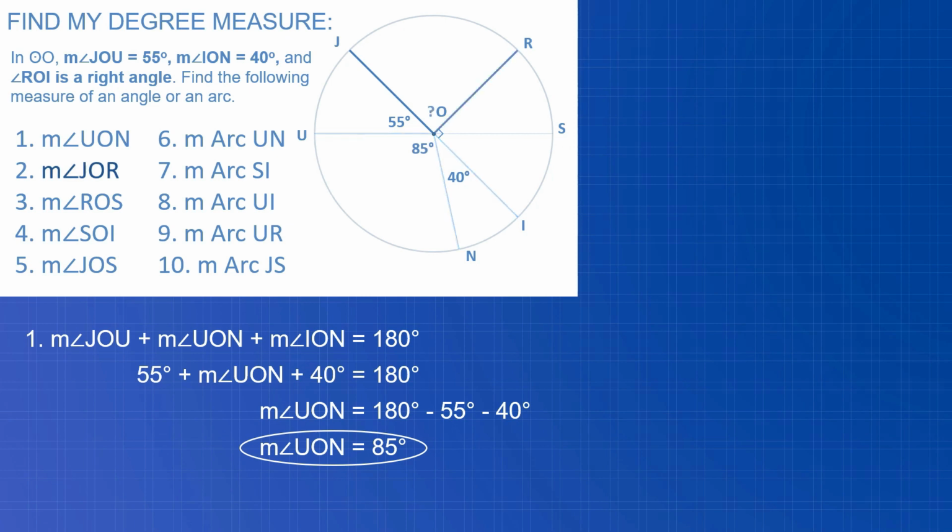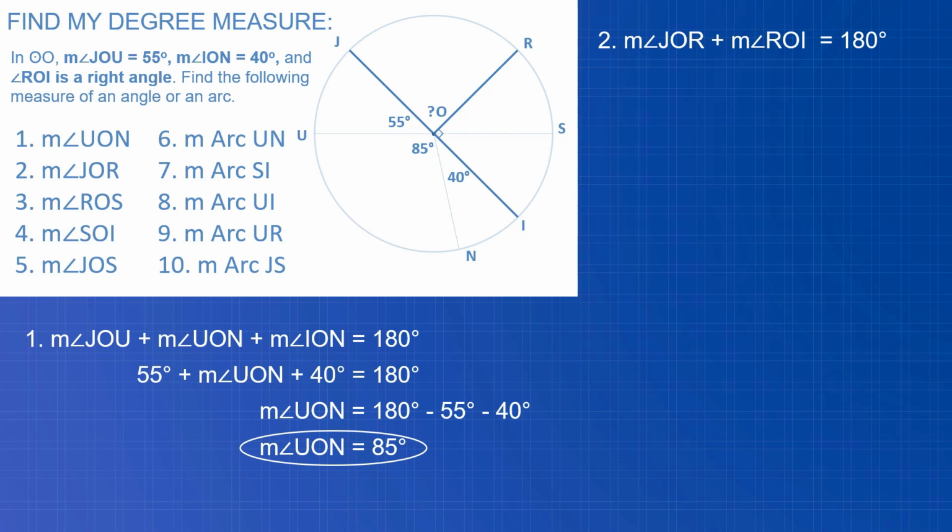Next, number 2, the measure of angle JOR. Line JOI as a diameter helps us say that the measure of angle JOR plus the measure of angle ROI is equal to 180 degrees.